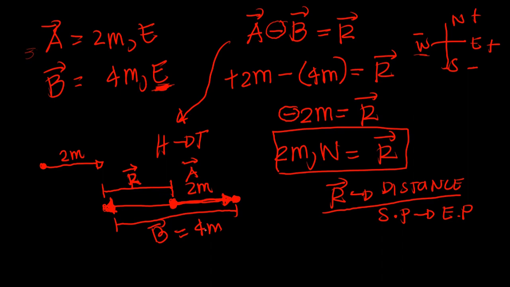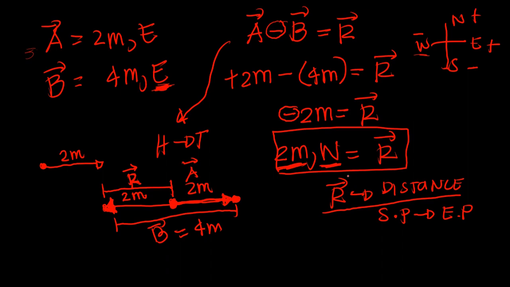So it should be 4 meters minus 2 meters. So you will get the idea that the resultant vector is 2 meters. Makikita mo dito that 2 meters. But the question, anong direction? Makikita mo din that the direction is pointing to the west.